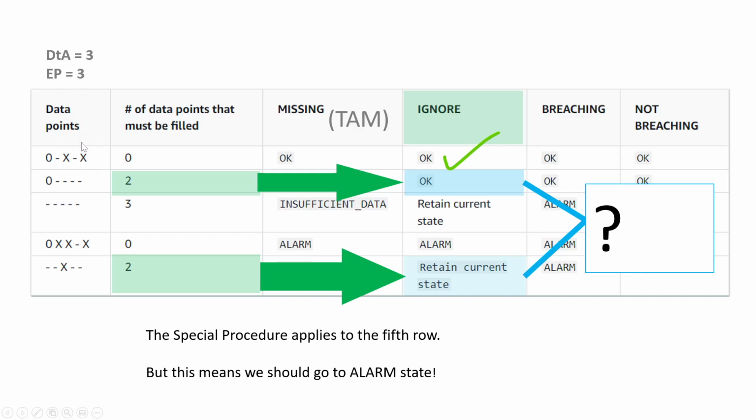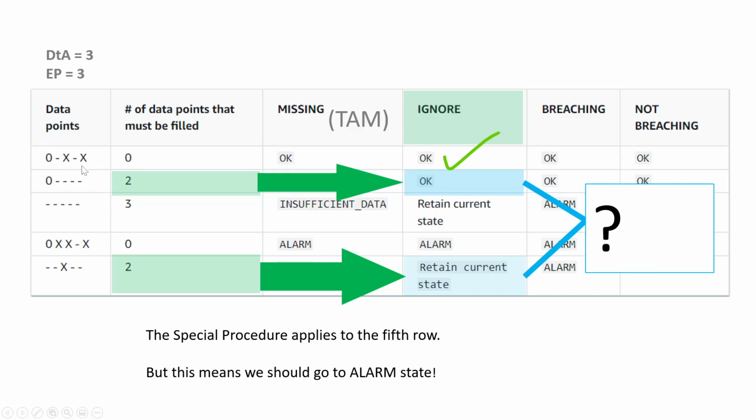We've got an evaluation period of 3, we've got 1, and this is the evaluation range, which is 5. For some reason they've just chosen 5. It's kind of a model, which is the number of data points they look at to make the determination of the alarm state. It actually varies in every case, but the principle is the same if we assume it to be 5. So they're always going to assume the ER is 5.